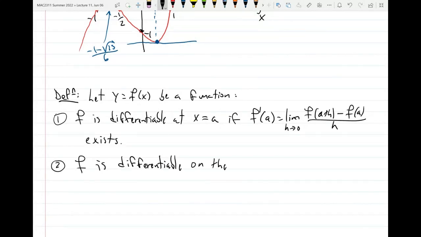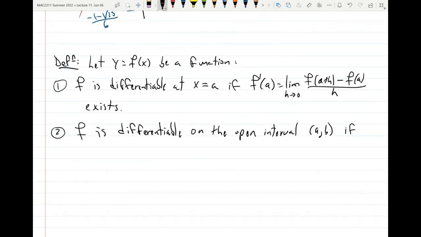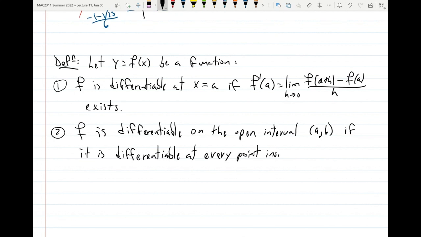Differentiable on the open interval (a, b) if it is differentiable at every point inside (a, b). In other words, if you can make sense of the tangent line at every single point inside this open interval.